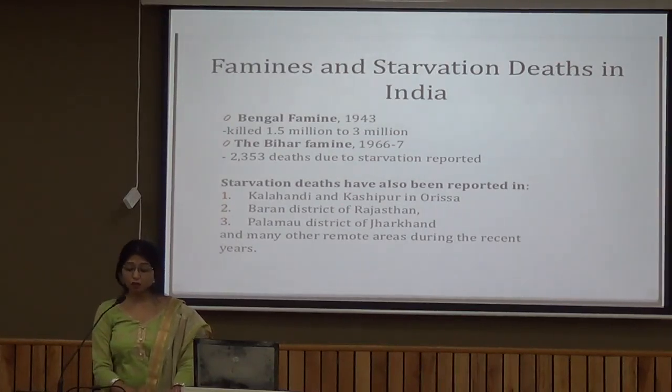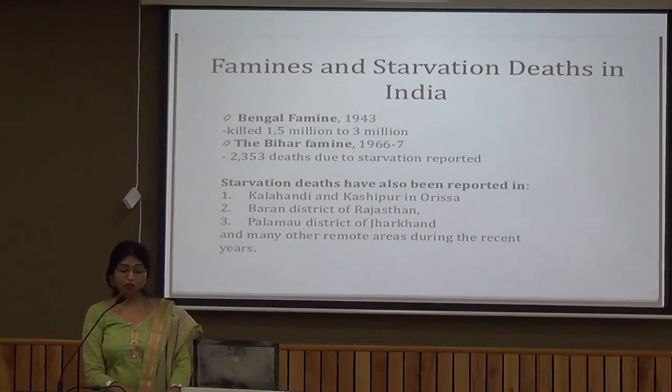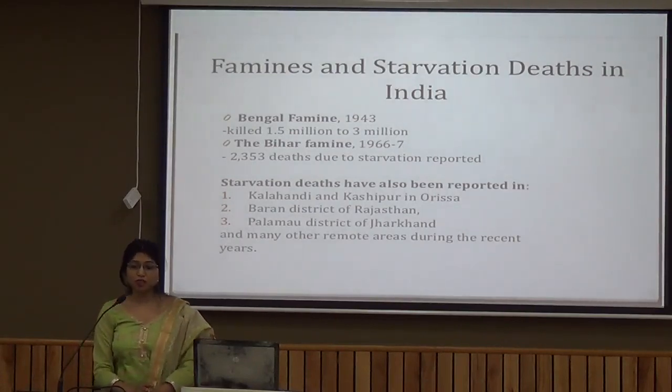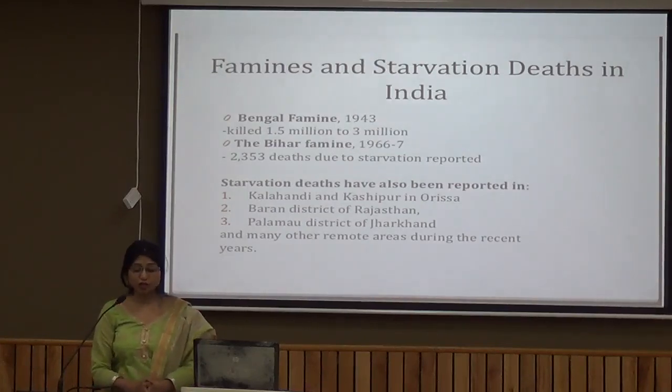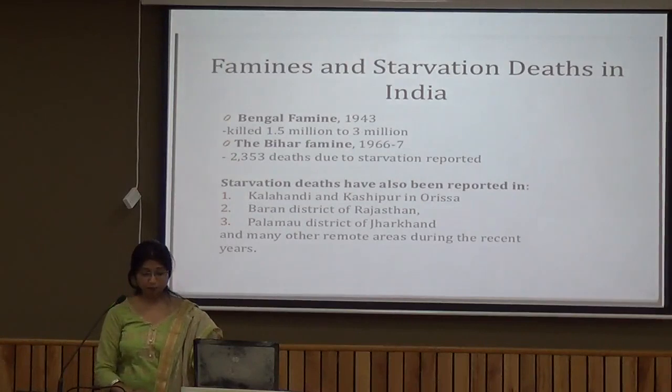Starvation deaths have also been reported in other parts of the country, such as Kalahandi and Kashipur in Orissa, Baran district of Rajasthan, Palamu district of Jharkhand and many other remote areas during recent years. Even Orissa, Bihar, West Bengal, a few interior parts of these states are still suffering from lack of food. So that's why food security is very important.